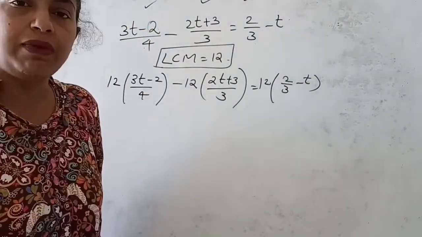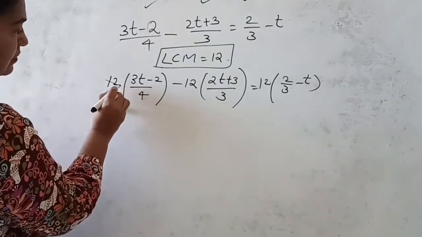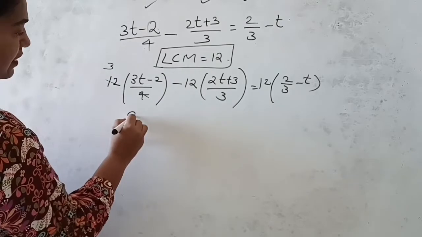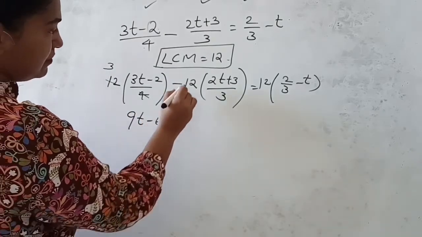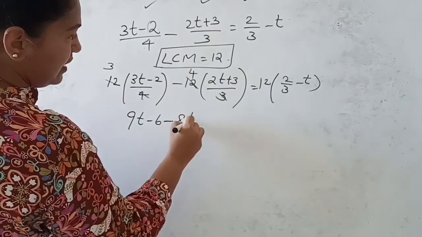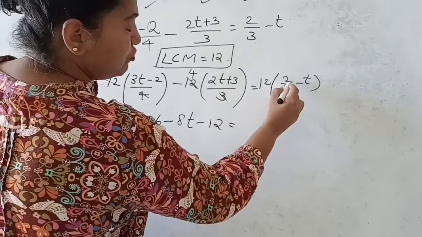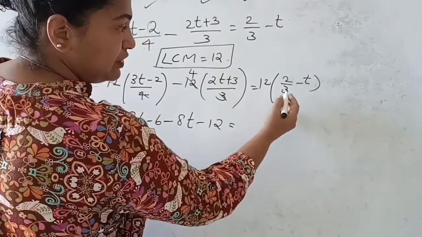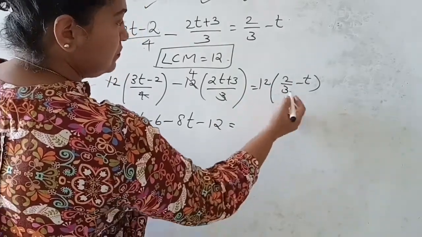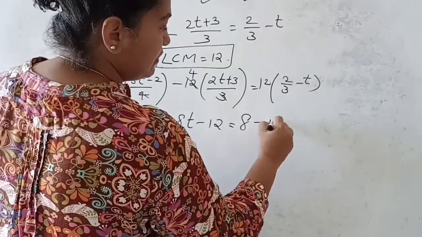Now, open the brackets is my second rule. Open the bracket, what do I get? 9t minus 6, 8t minus 4 into 3 is a minus 12. 12 into 2 by 3, what do I get? 12 into 2 by 3 will give me 8, right? Minus 12t.